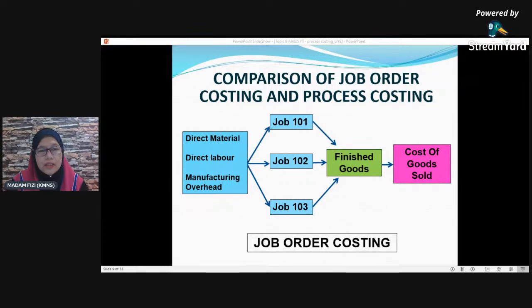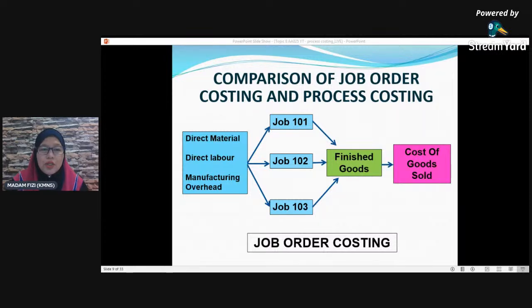So I hope that you still remember the cost flow of the job order costing. So this is the cost flow for the job order costing. We start with direct material, direct labor and manufacturing overhead. So we record that first and then all the cost is assigned to each job.